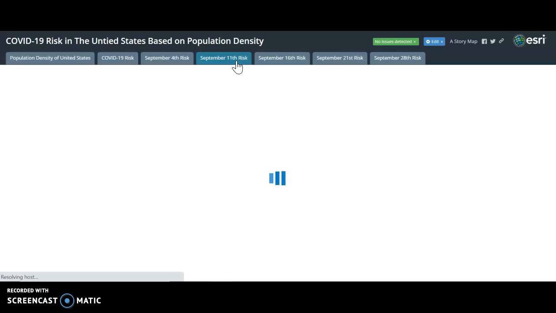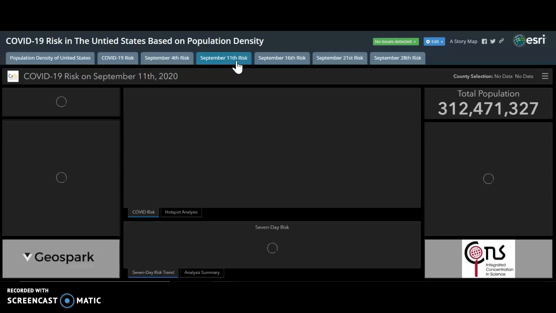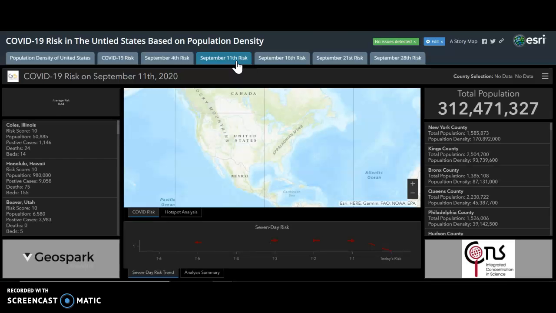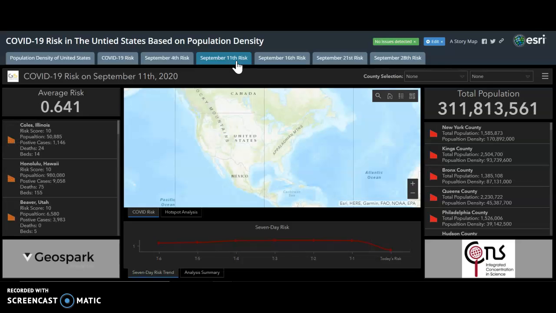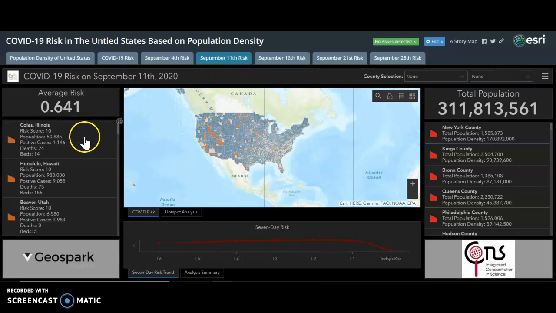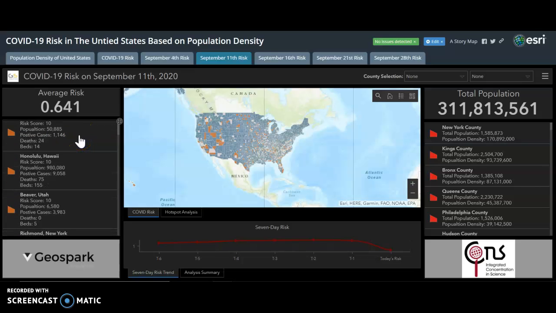As we go to September 11th, we are able to, again, interact with this dashboard. This whole story map series will be provided. And while it loads, we can tell the highest risk areas have changed.